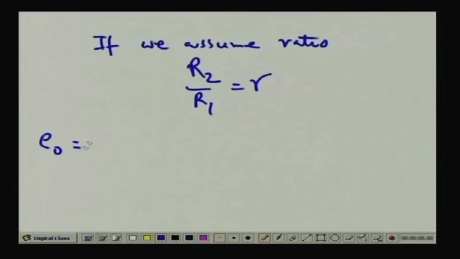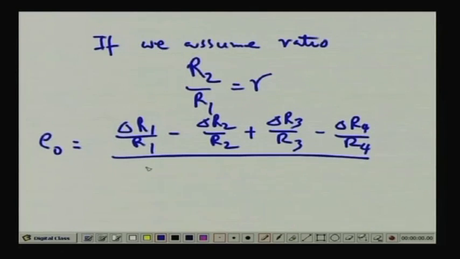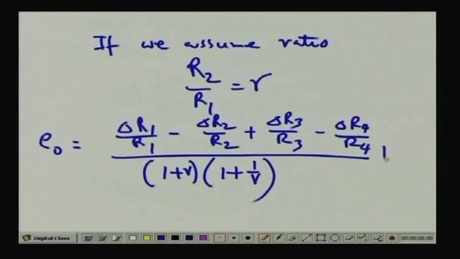Then the output voltage will be equal to delta R1 by R1 minus delta R2 by R2 plus delta R3 by R3 minus delta R4 by R4, upon 1 plus r whole square, into Ex.